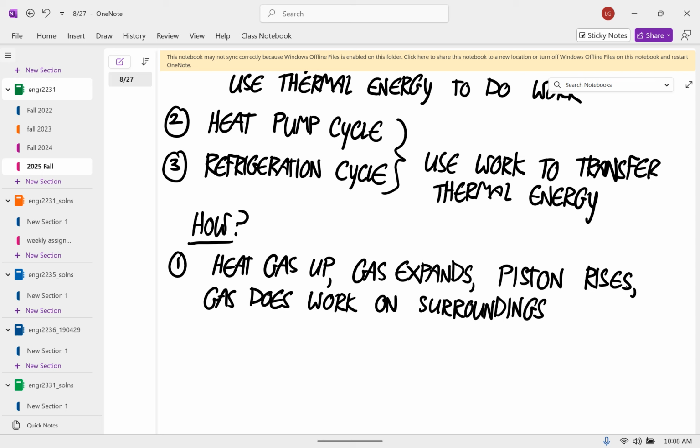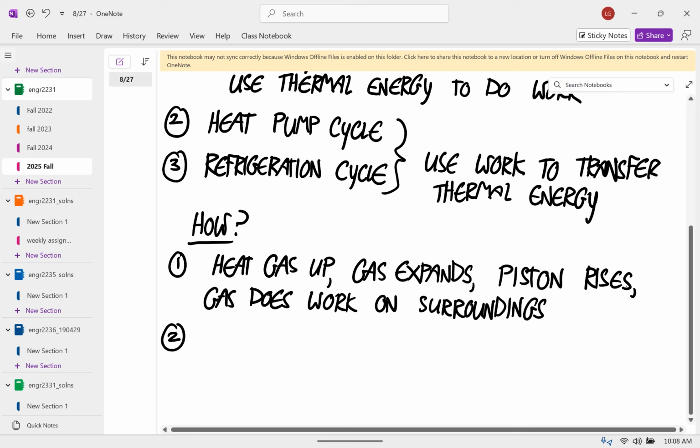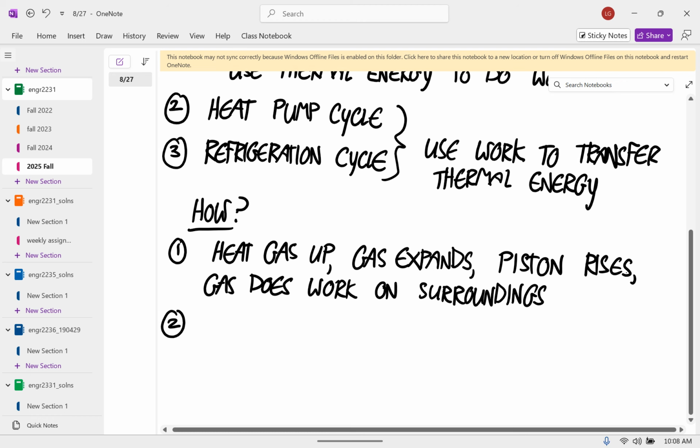And you can get the same effect backwards, with the other direction of causation. If you force a piston down, the gas temperature increases. And pressure?